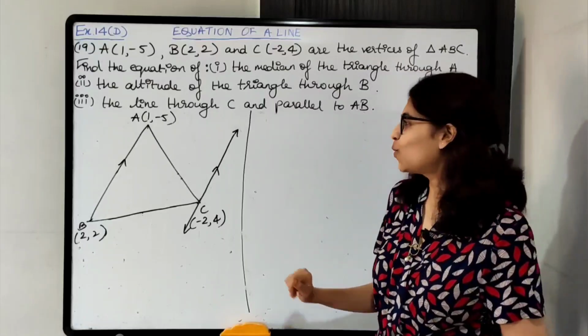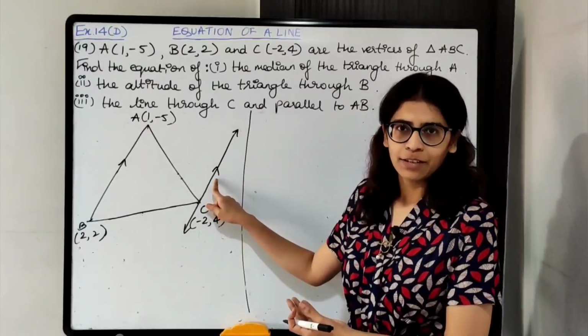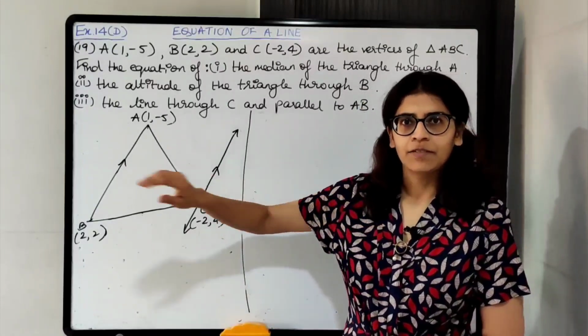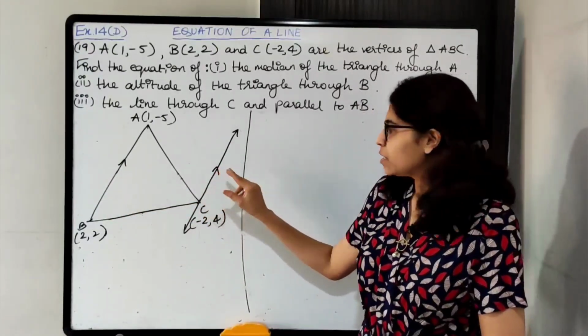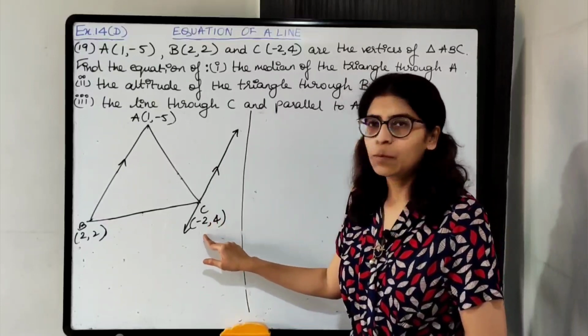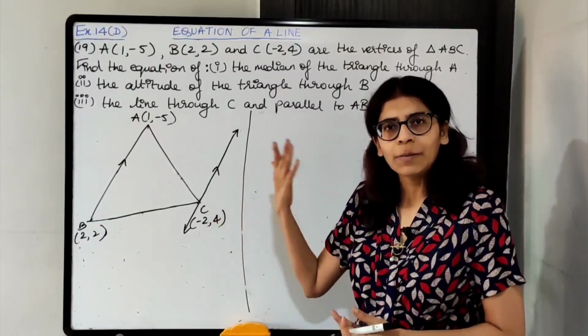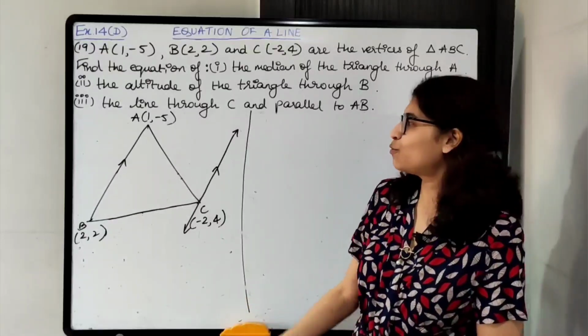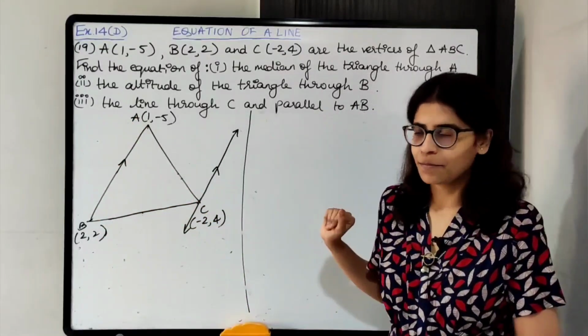Okay. So we need slope of this line to find the equation. So first we'll find slope of AB. Once you get the slope, and the coordinates of one point are known, framing the equation is easy using point slope form.